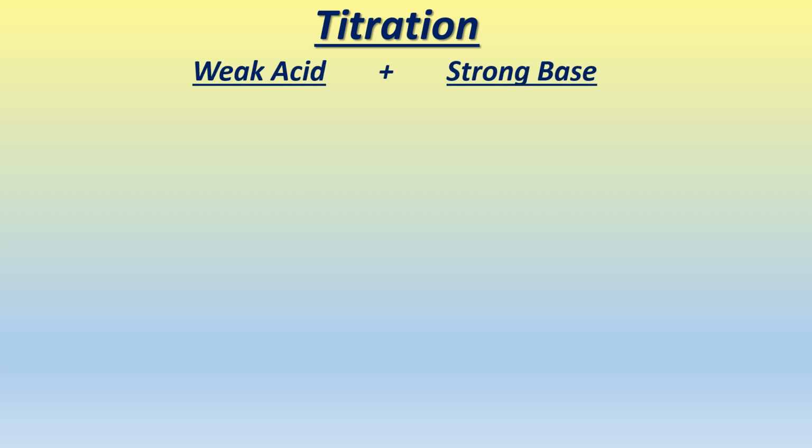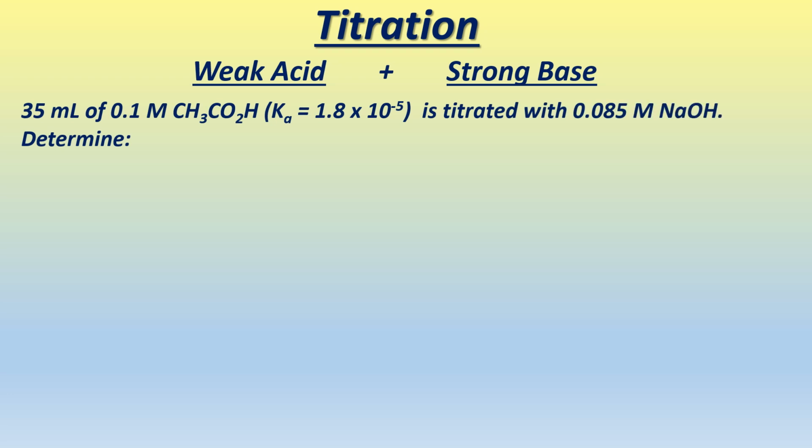Performing the exact same procedure on a weak acid and a strong base gives a different and much more detailed conclusion. If I take 35 milliliters of a 0.1 molar CH3CO2H acetic acid with a Ka of 1.8 times 10 to the minus fifth and titrate that with a 0.085 molar sodium hydroxide strong base solution, we'll look at the exact same procedure as previously.